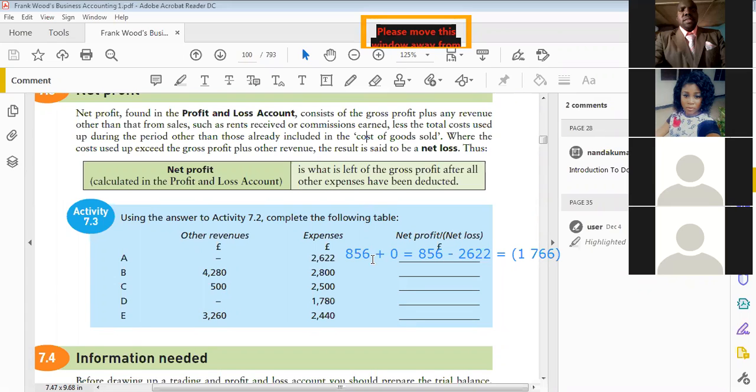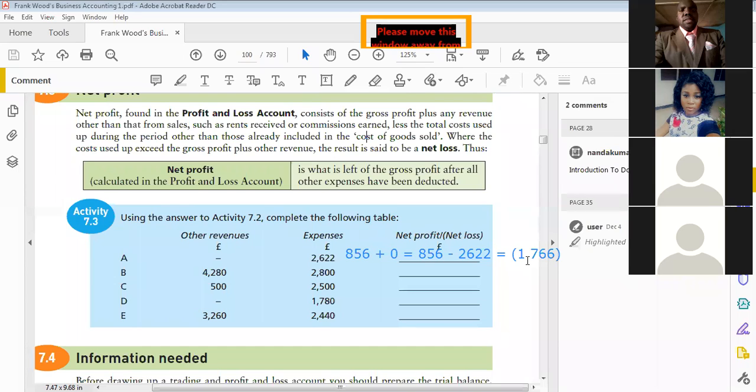All right, so first to begin, you add your gross profit to your other revenue. Then minus expenses. In this case, though, we have a net loss of 1,766. Please write this down.